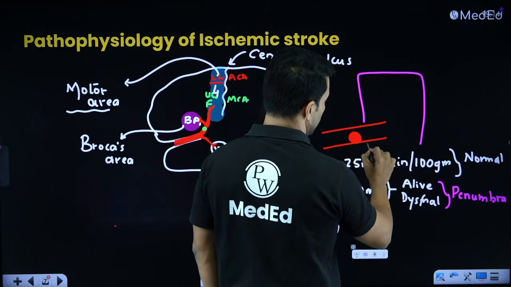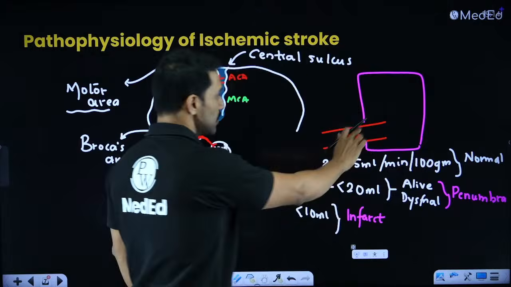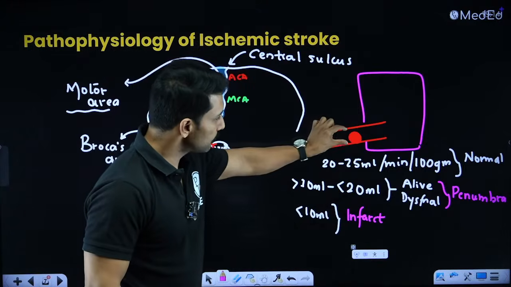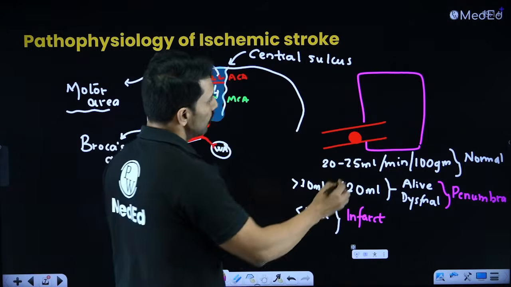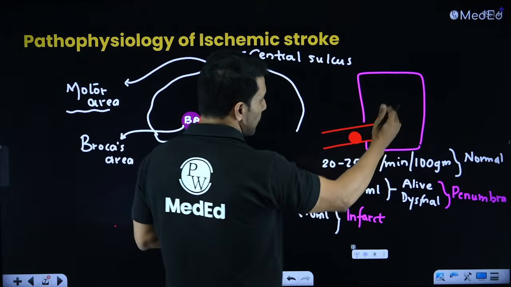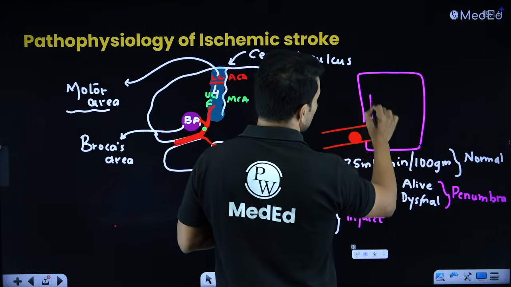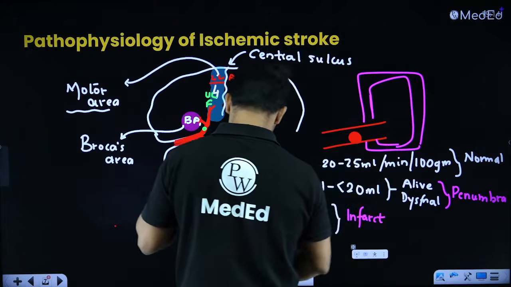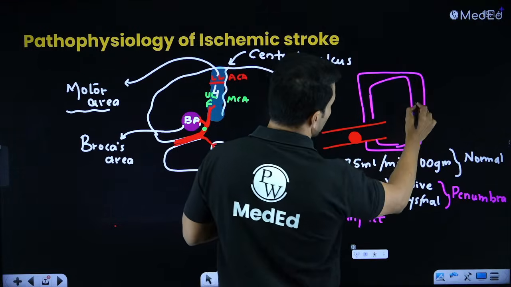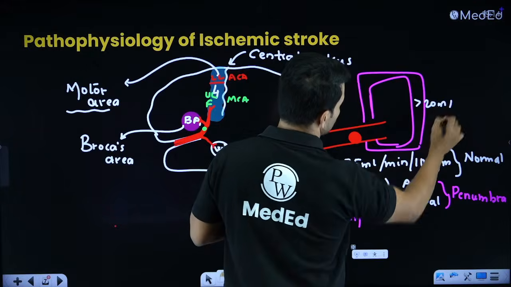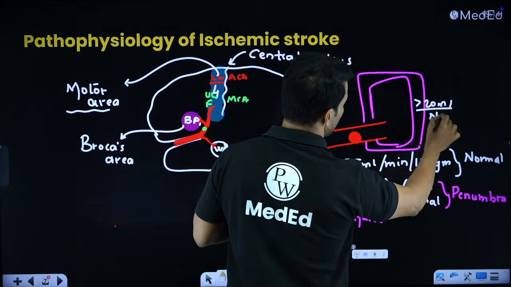So basically what happens is, as the blood clot starts expanding in size, let us say this much area was to be supplied by this blood vessel. As the clot expands, you will have different regions developing different blood flow. Let us say this outer part is getting more than 20 ml flow, so this will function normally, right?